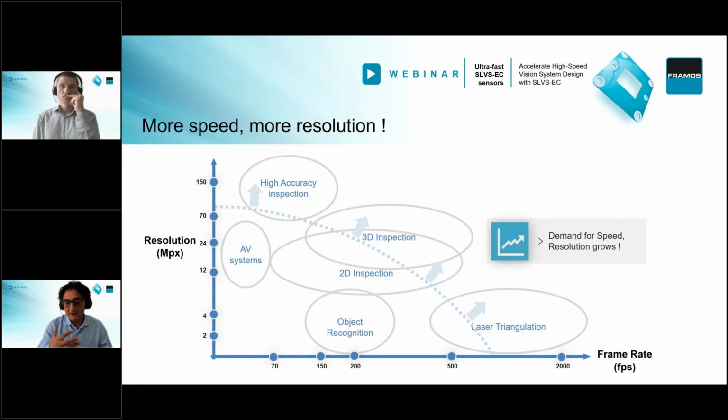So high accuracy inspection, for example, of course, you need very high resolution, or very fast laser triangulation. 3D inspection needs both. So this is the trend, and we see this trend moving every year, more or less, in the direction of high data rate, right? And this is the point.